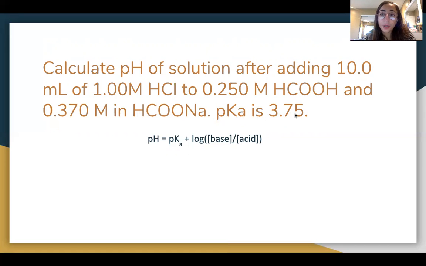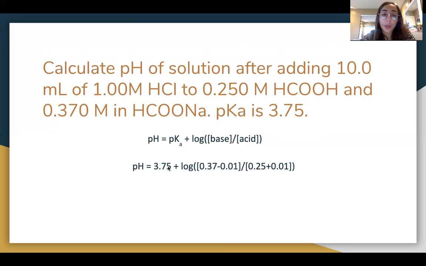We're familiar with the Henderson-Hasselbalch equation, right? Which is pH equals pKa plus log of concentration of base over acid. So let's see if we can plug in the numbers. The trick here is that you have to take into consideration the new volume and the molarity of hydrochloric acid.